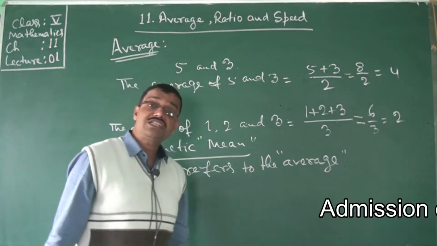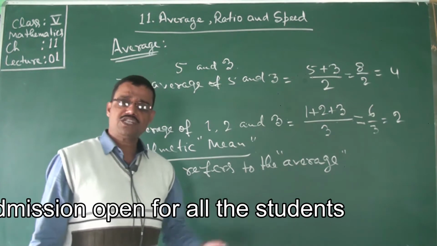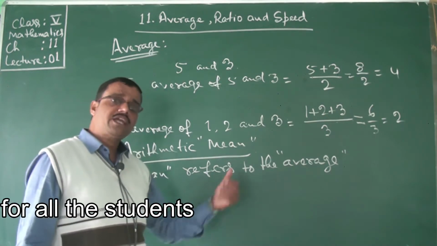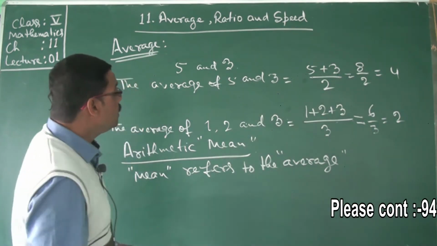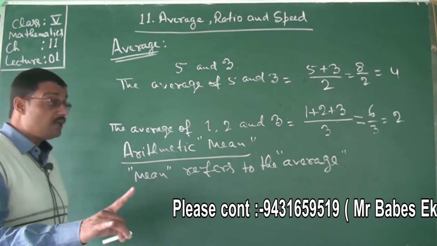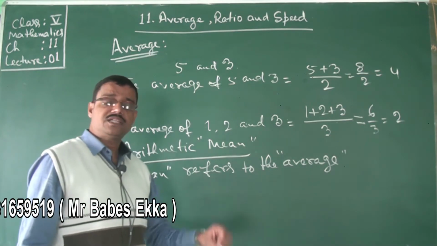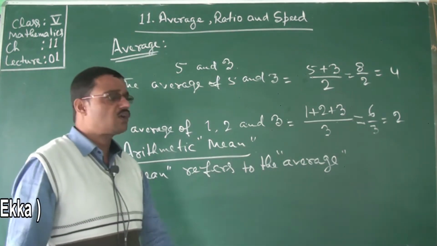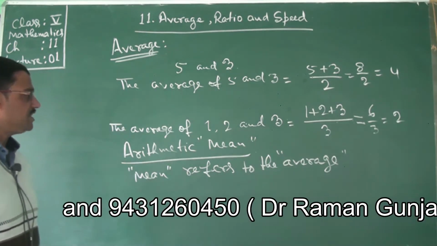However, all these things are measured in kilograms. The unit of measurement is kilogram, so we can find the average of these numbers. Only if the units of measurement are similar. If units are not similar, then we can't go for finding the average.